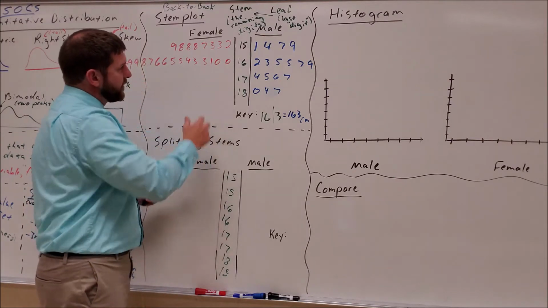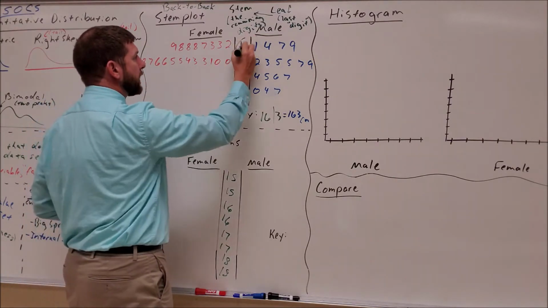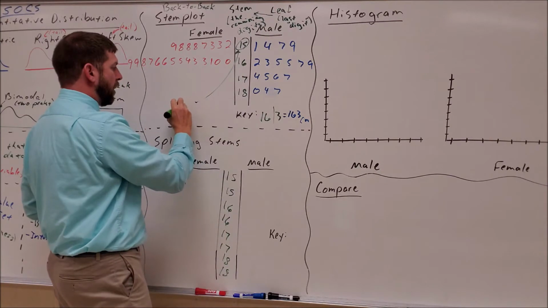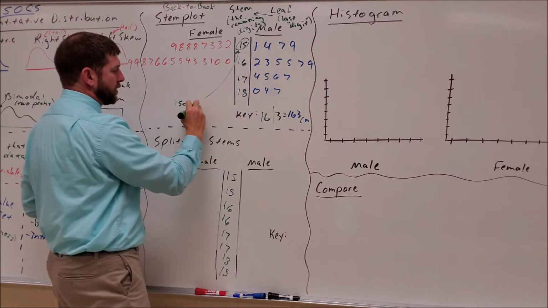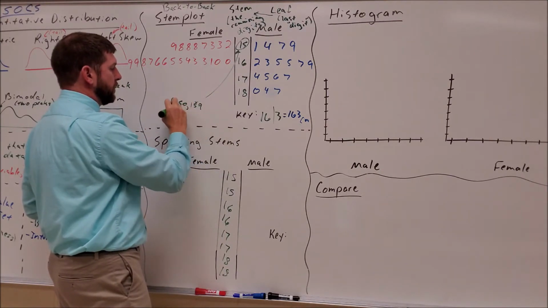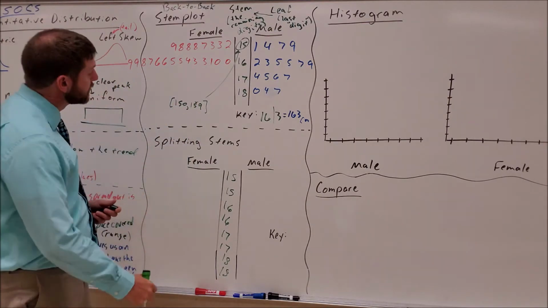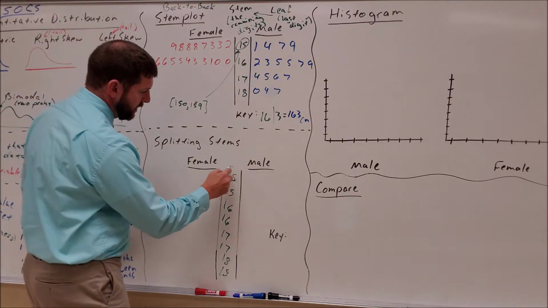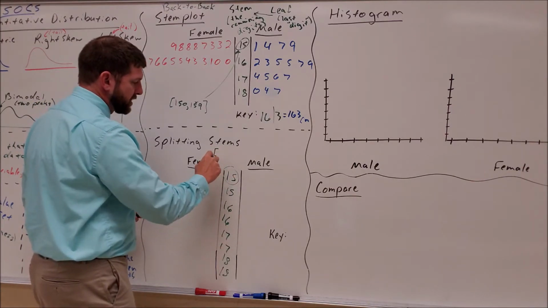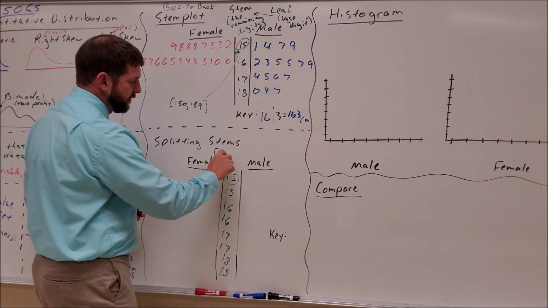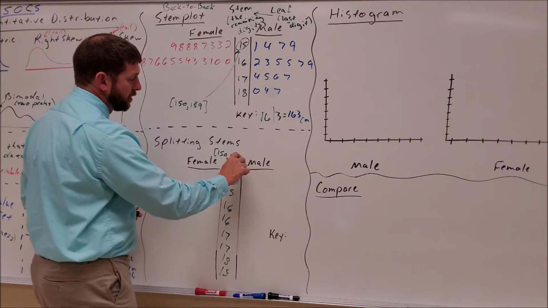While this 15 represented all the numbers from 150 to 159, like interval notation from our algebra classes, this stem right here is only the first half of it, so it's just 150 through 154.